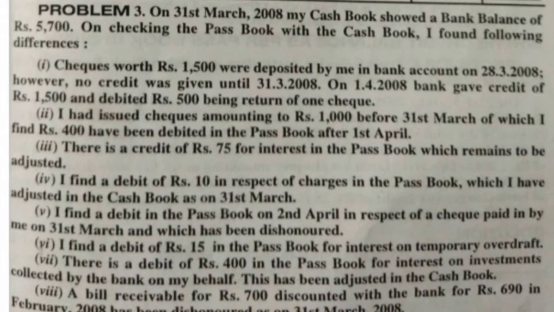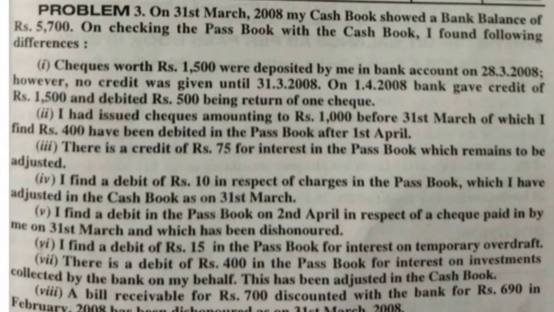So next, the second one. I had issued checks amounting to rupees 1000 before 31st March, of which I find rupees 400 have been debited in the passbook after 1st April. Means the passbook balance is still showing an increased balance by rupees 400 in the month of March.